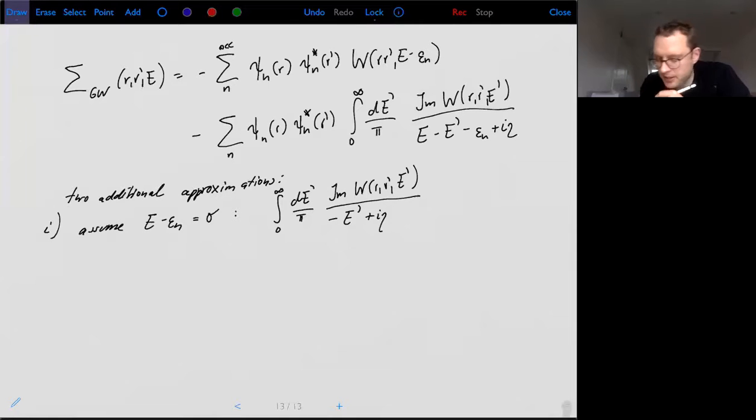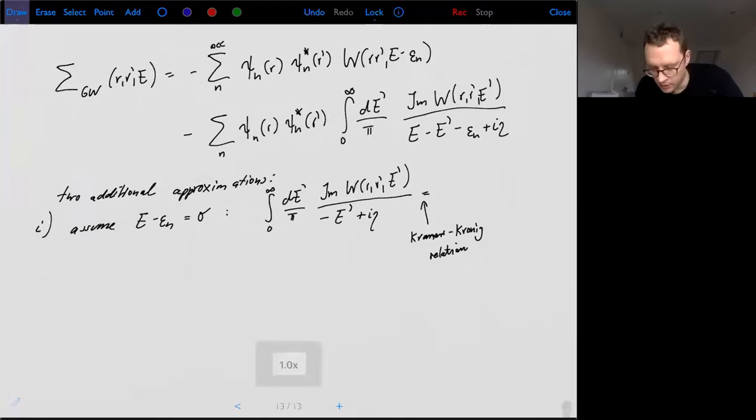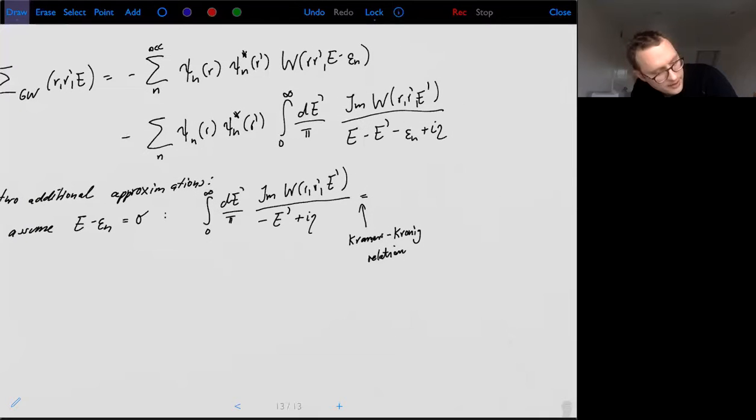But this can be related to the real part of the screened interaction using the Kramers-Kronig relation. And what you get is basically this thing.